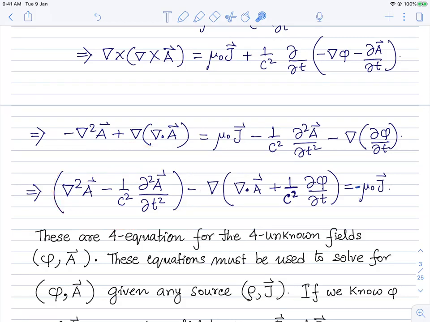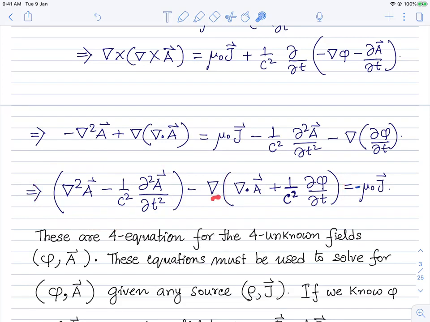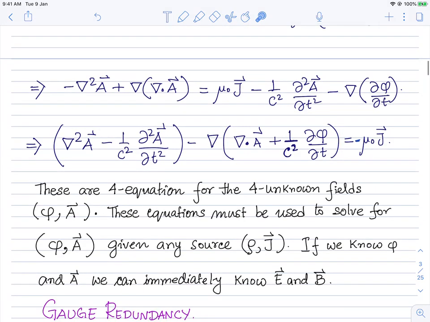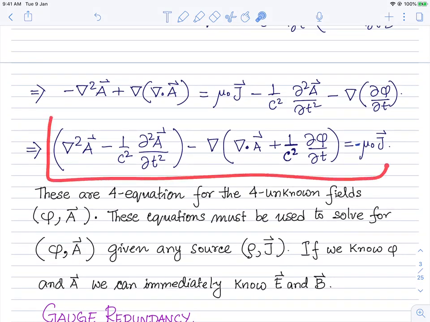We have already seen the wave equation while discussing electromagnetic waves in the previous video. Apart from that combination on the vector potential, there is this term here, which is like the gradient of a complicated looking term: the divergence of A plus 1 over c squared del phi del t. So basically these are the two equations that one needs to solve.